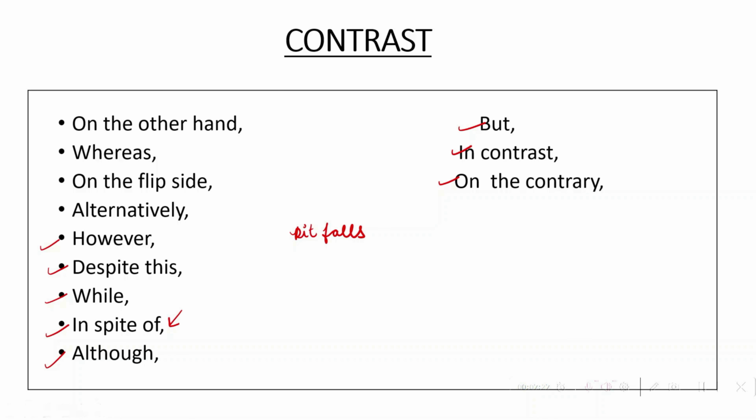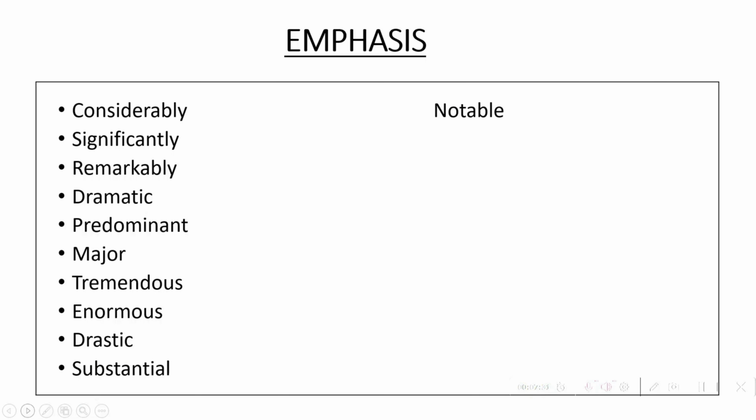Okay, so we're moving to the next one, which is emphasizing. Now you want to emphasize and say bahut hua hai, like considerably. Okay, or "a considerable number of people have moved abroad," or "the number of flu cases significantly rose in the year 2020 during the COVID pandemic."